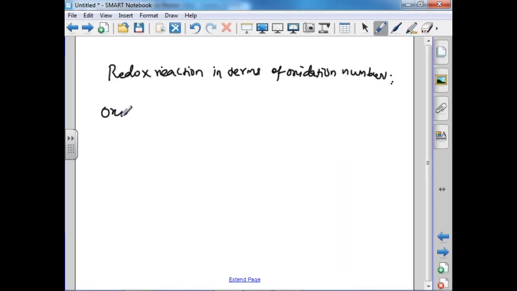Oxidation means, you already know, addition of oxygen, removal of hydrogen and loss of electron. Oxidation in terms of oxidation number: if the oxidation number increases, that is oxidation.